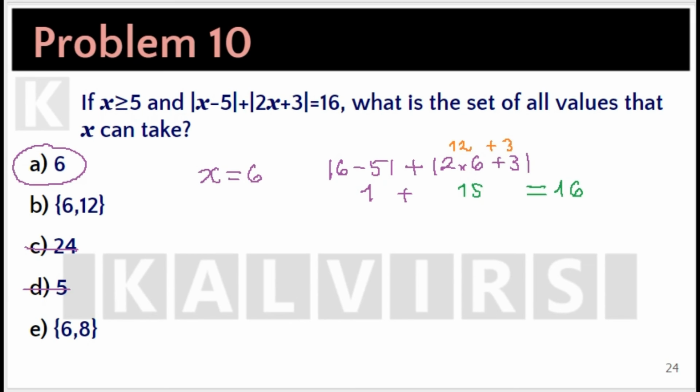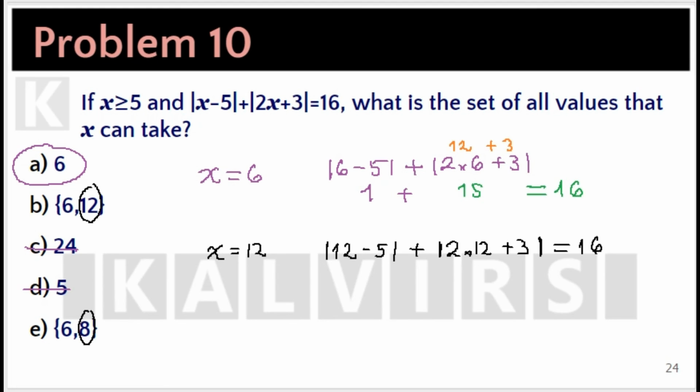Then, we have to substitute x for either 12 or 8 in order to know whether there's more than one value that satisfies the equation. If x is 12, then the absolute value of 12 minus 5 plus the absolute value of 2 times 12 plus 3 must be equal to 16.